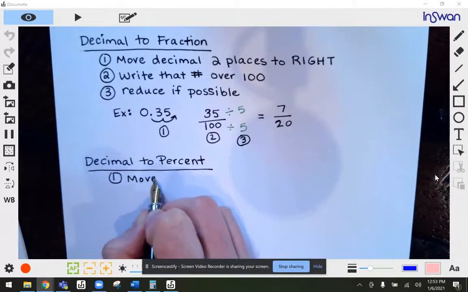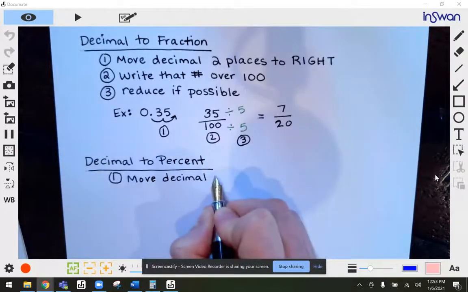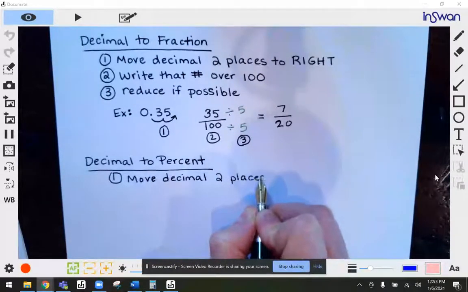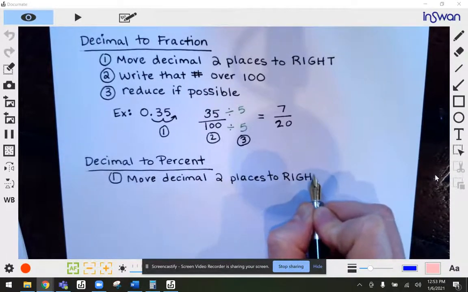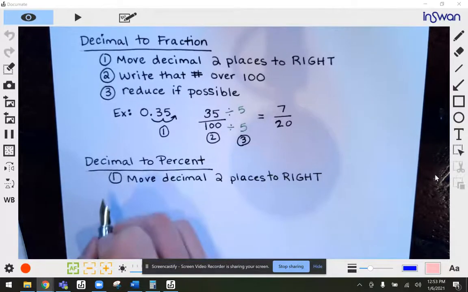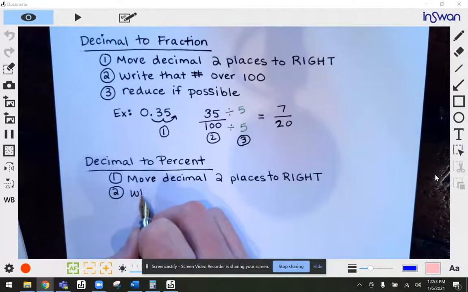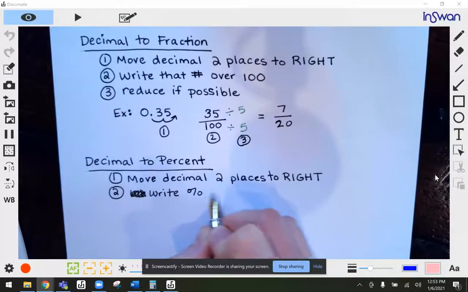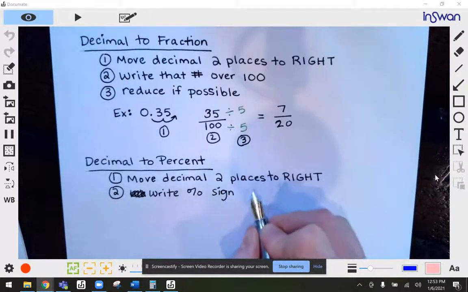Move the decimal two places to the right. And then for our second step, we're going to just write the percent sign behind this new number.